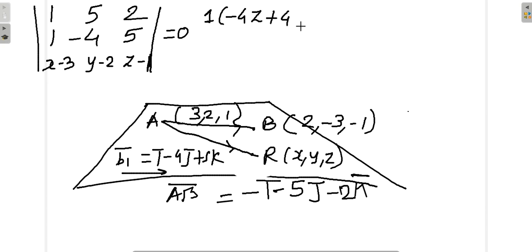Minus 4z plus 4. Please, I may make a mistake. Please correct me.